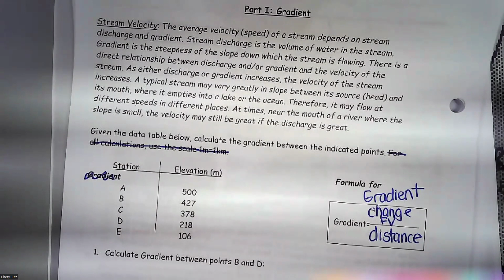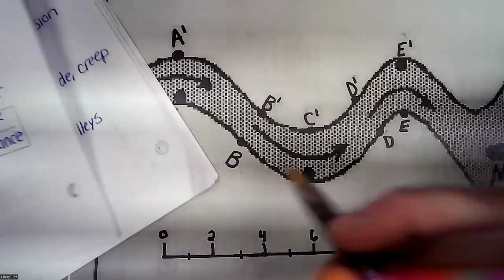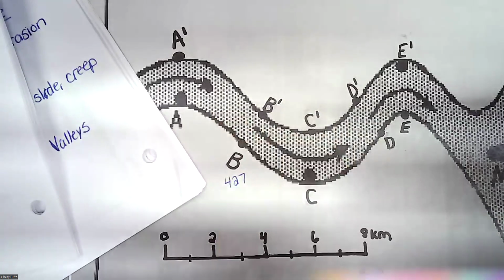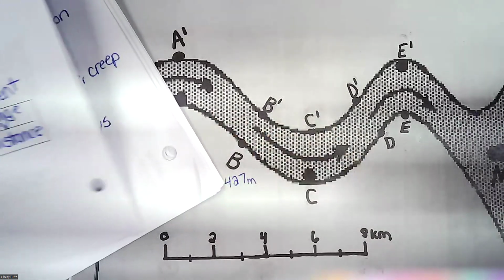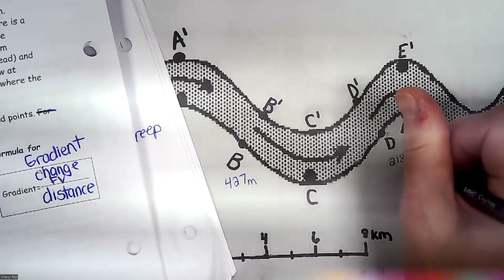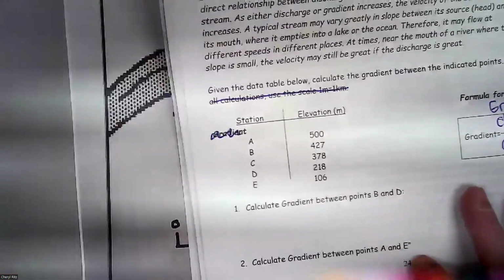And this first one asks you to calculate the gradient between B and D. So according to this, the elevation at B is 427 meters. And the elevation at D, and again, I'm just getting this right off of this chart, is 218 meters. So we need to calculate the gradient between those two spots.